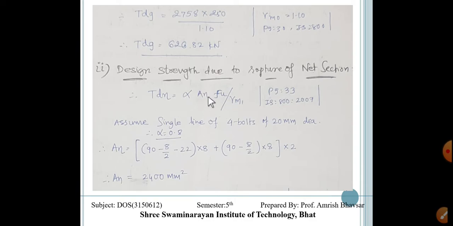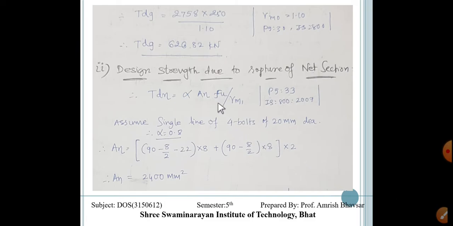Now the difficult task is finding out the An, and how will we get that An? An is equal to 90 minus half thickness minus diameter of hole, into thickness of angle, plus the outstanding leg, that is 90 minus half of thickness, multiplied by 8, and this whole is multiplied by 2 because we have 2 angles over there.